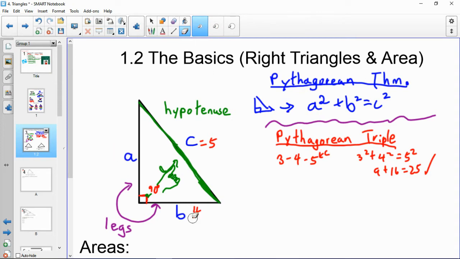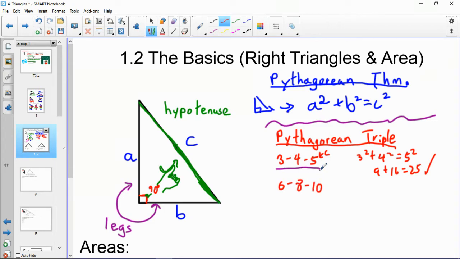Now, you'll probably guess that there is an infinite number of Pythagorean triples out there, and all I did just now was show you one of the fundamental ones. But knowing one of the fundamental ones does a lot for you, because not only does 3, 4, 5 work, but every multiple of 3, 4, 5 also works. So for example, if I did 6, 8, and 10, just multiply everything by 2. 6 squared plus 8 squared equals 10 squared.